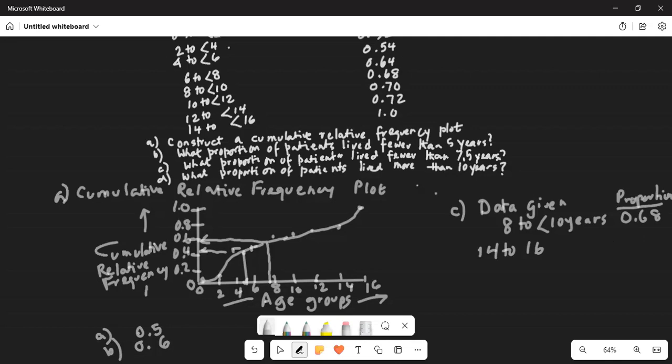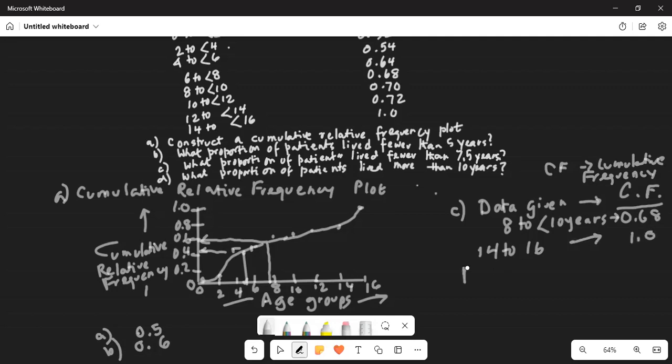So this is cumulative frequency, CF given. CF is cumulative frequency. Okay. And 8 to less than 10 years is 0.68, and the last group 14 to 16, the total cumulative frequency, is 1.0.